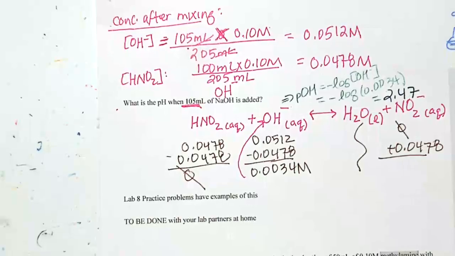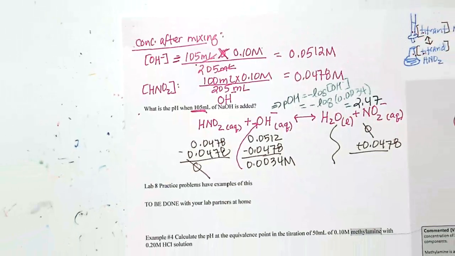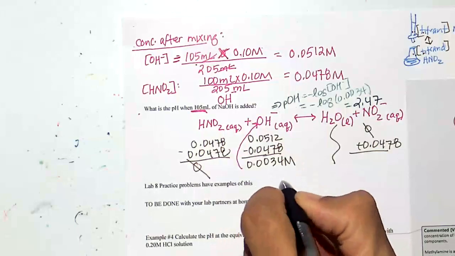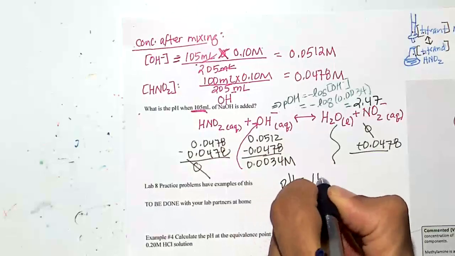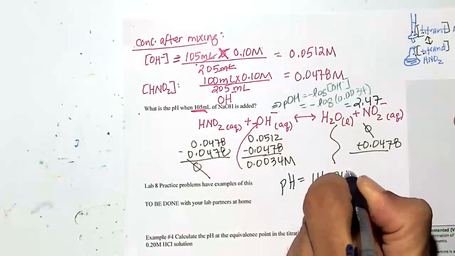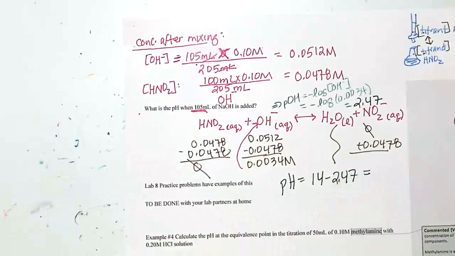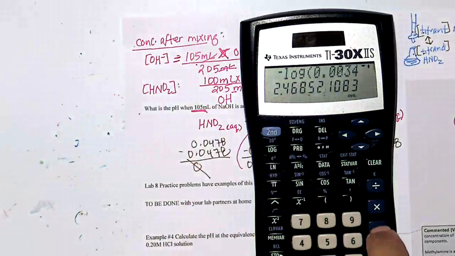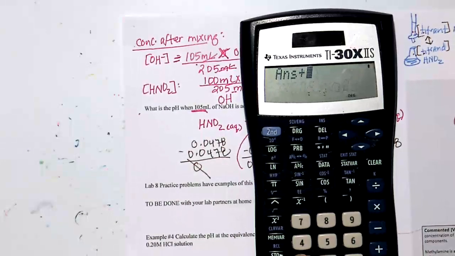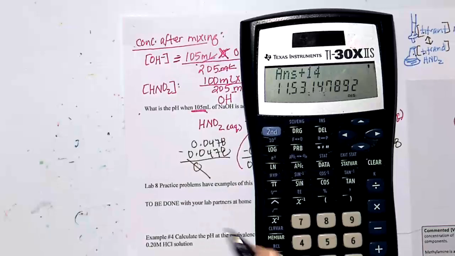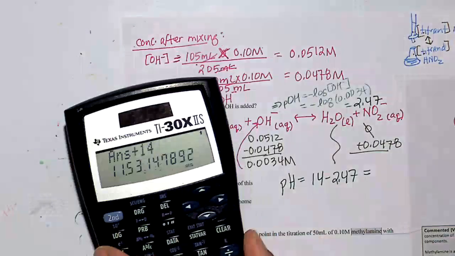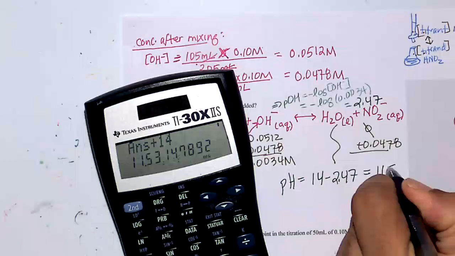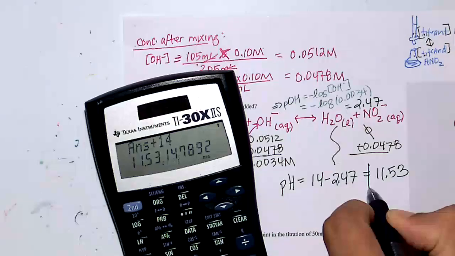Okay, that's our pOH. So this is not our answer. What is our answer? We will take 14 minus that 2.47, and what will we get? 11.53. And this is our answer after the equivalence point.